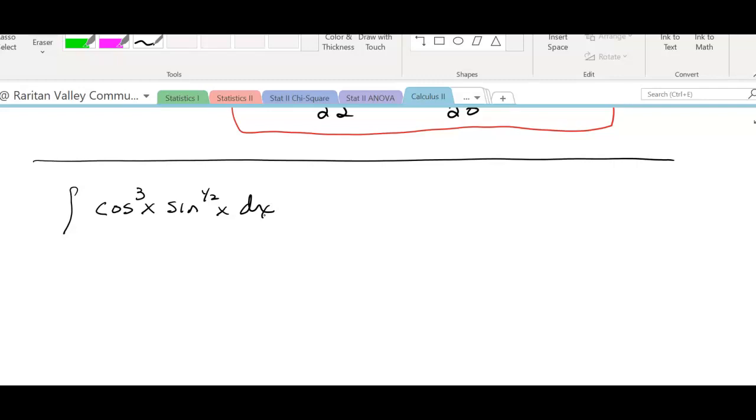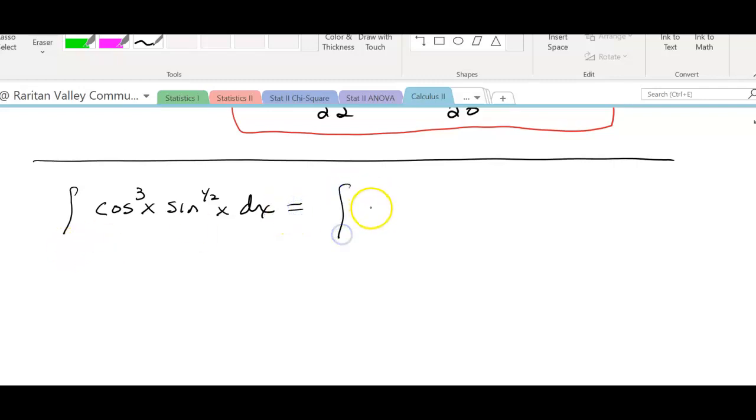To do any sort of u-sub, I need to have a single cosine or sine, right? It doesn't matter because they're derivatives of each other. Well, it's kind of hard to break up sine because that's to the 1/2, but can I break up cosine?